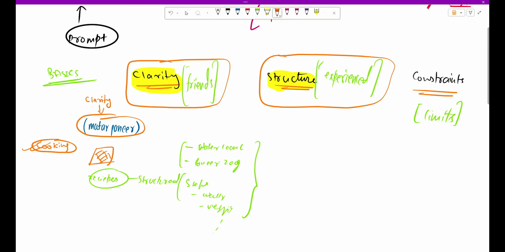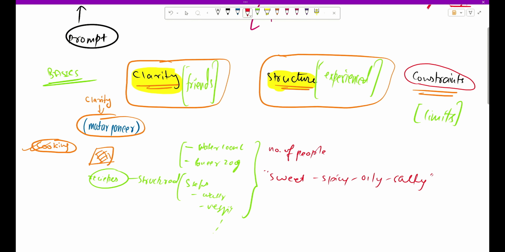Okay, now what I mean by constraint is that I didn't tell it the number of people the butter paneer is required for, or whether it should be sweet or spicy or oily or salty, whatever.